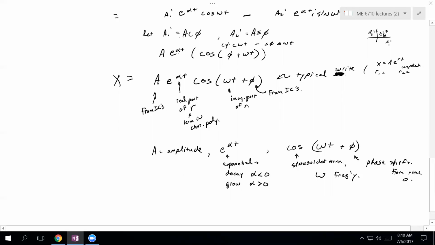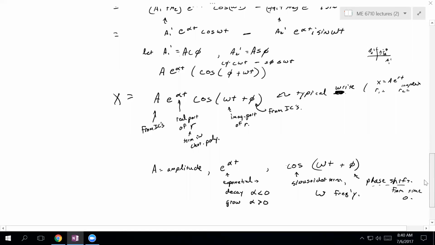So at time 0, cosine at time 0 should just be 1, which means at the initial time, your x should be at the maximum amplitude. If, however, your x is not the maximum amplitude, then you've got some phase shift and it shows up there in phi.